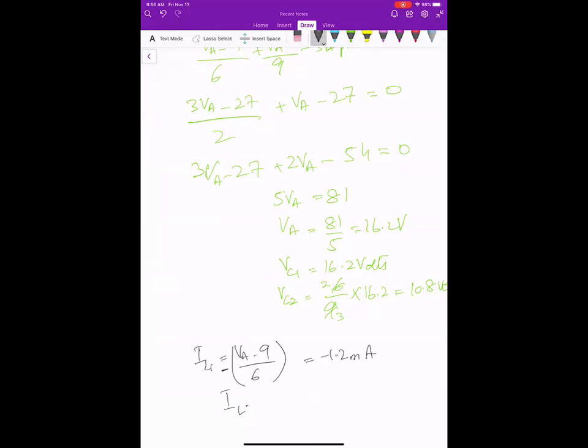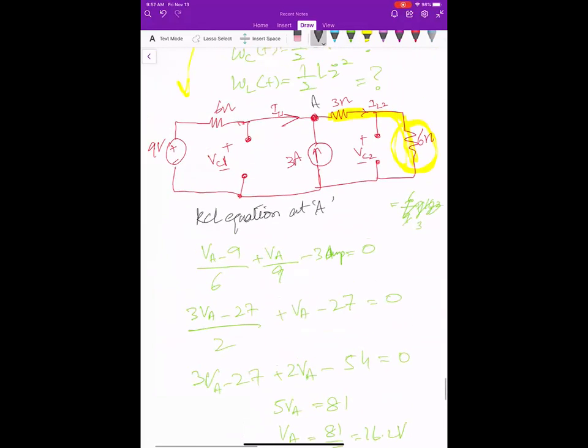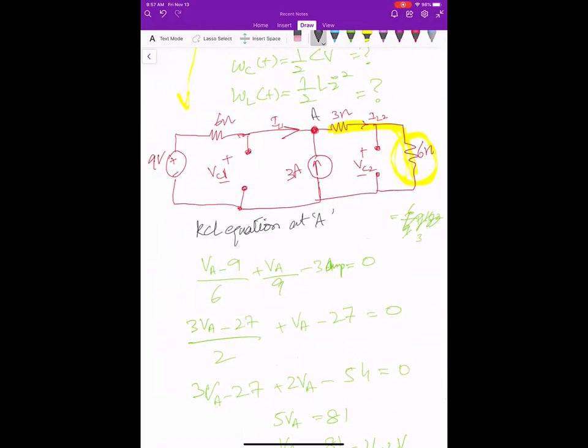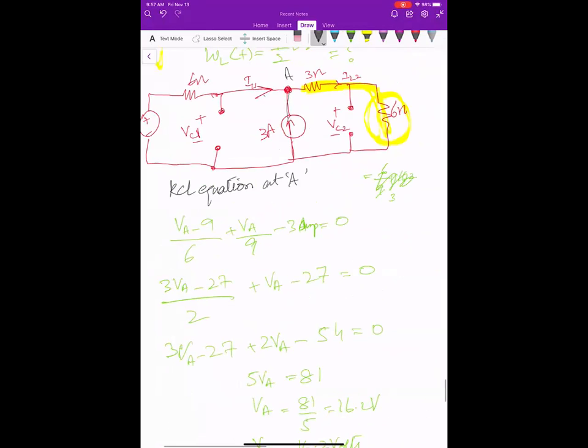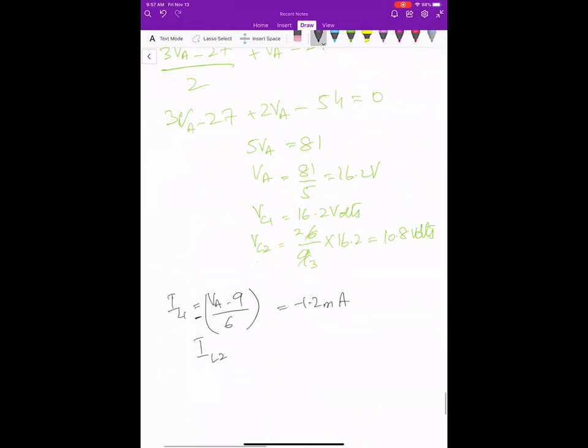And IL2 is IL1 plus 3, because IL1 and 3 are adding up to produce IL2. So this will be 1.8 amps. Sorry, they have it in amps, so it will be in amps.